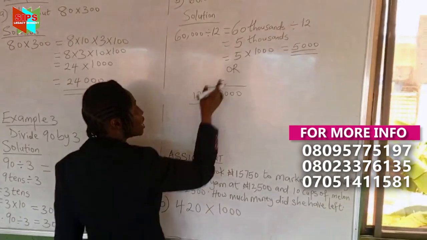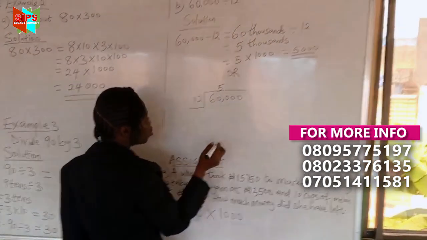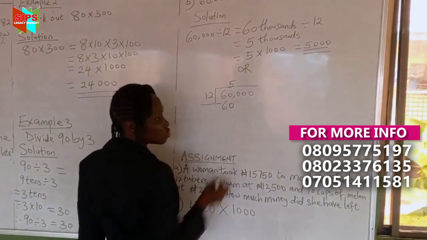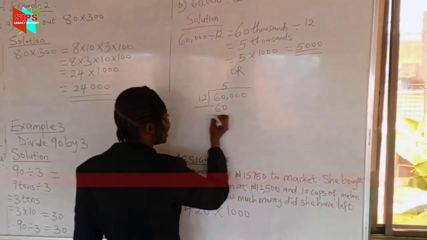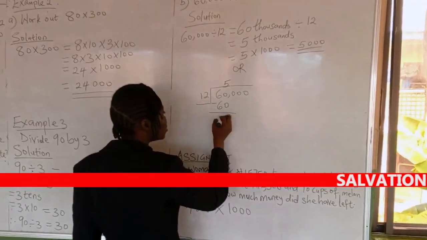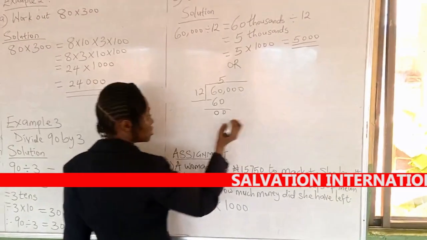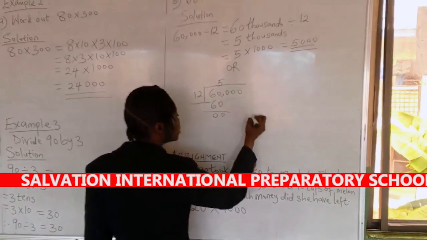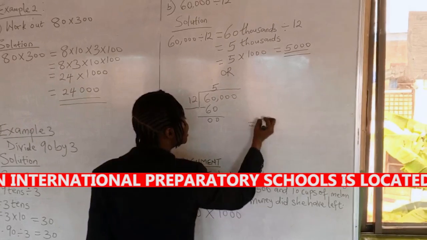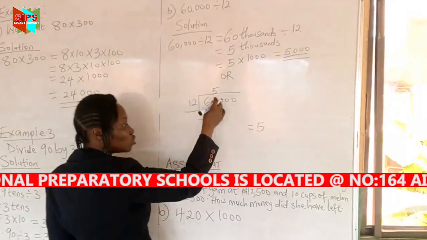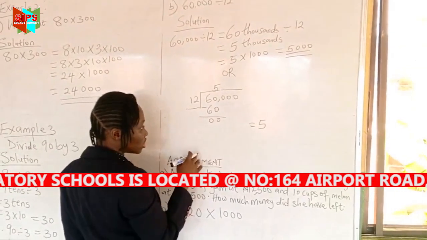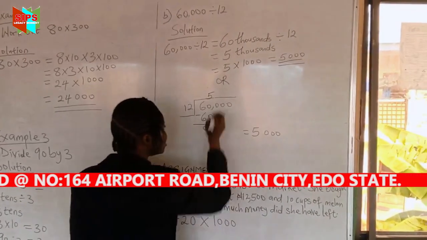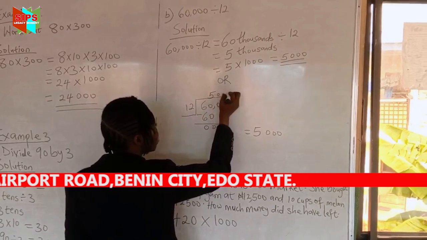That is the quotient. Then 5 multiplied by 12 will give you 60. Having gotten this, you subtract. 60 from 60 will give us 0. But don't forget, we have these other zeros. Since we don't have other figures, we will not continue the subtraction or the workings. We stop there. Then you bring your zeros here. So this gives you 5,000.